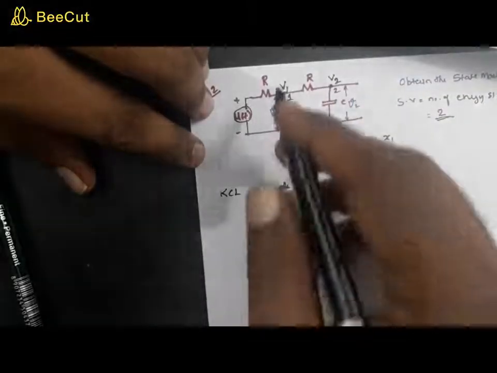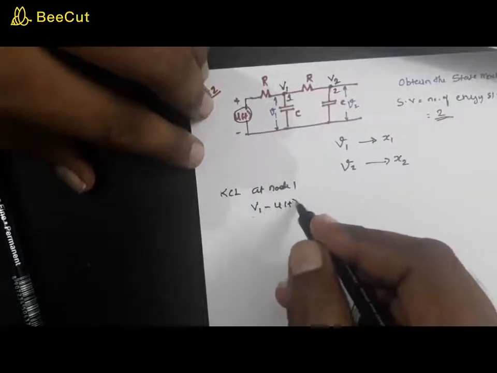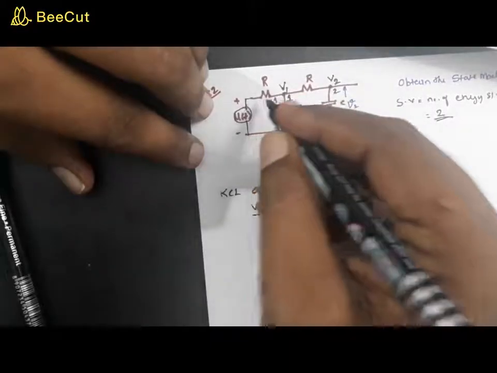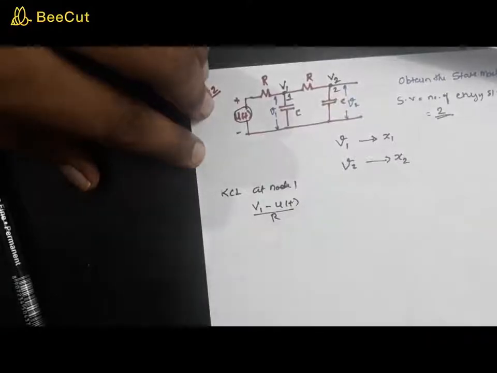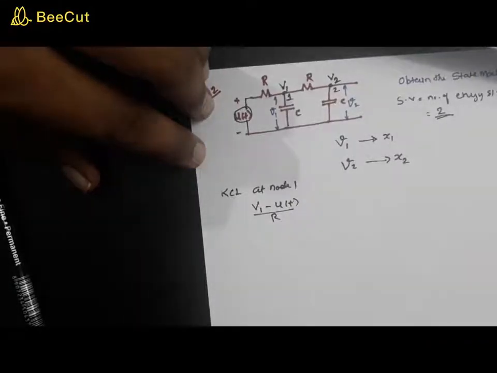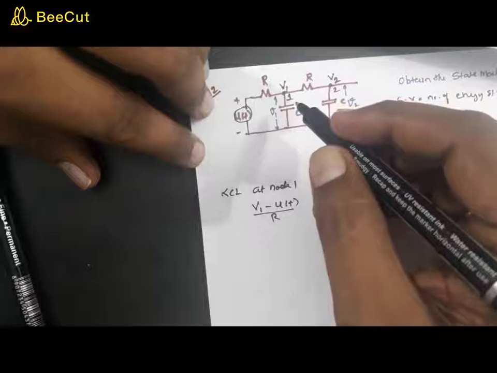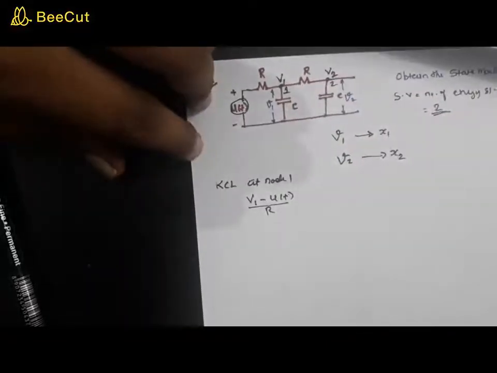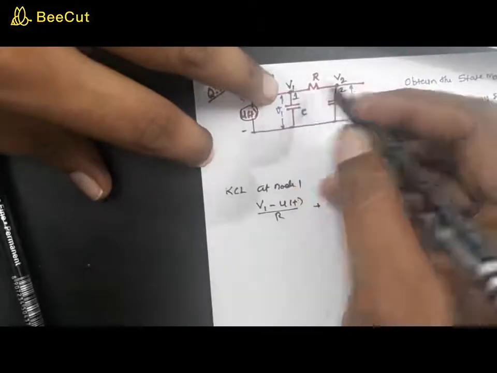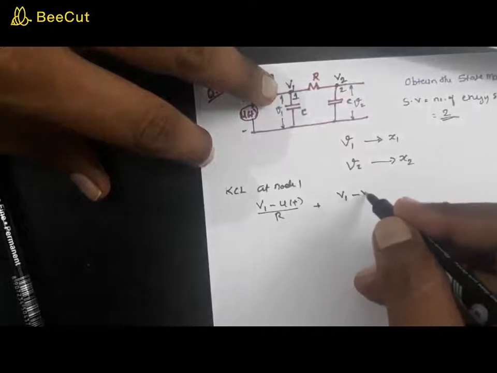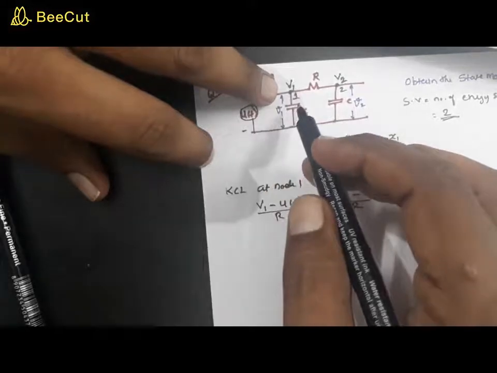When you write the equation at node 1, the current through this branch is (V1 minus u of t) divided by R. Next, the current through the next branch will be (V1 minus V2) divided by R, and the capacitor current is C into dVc by dt.